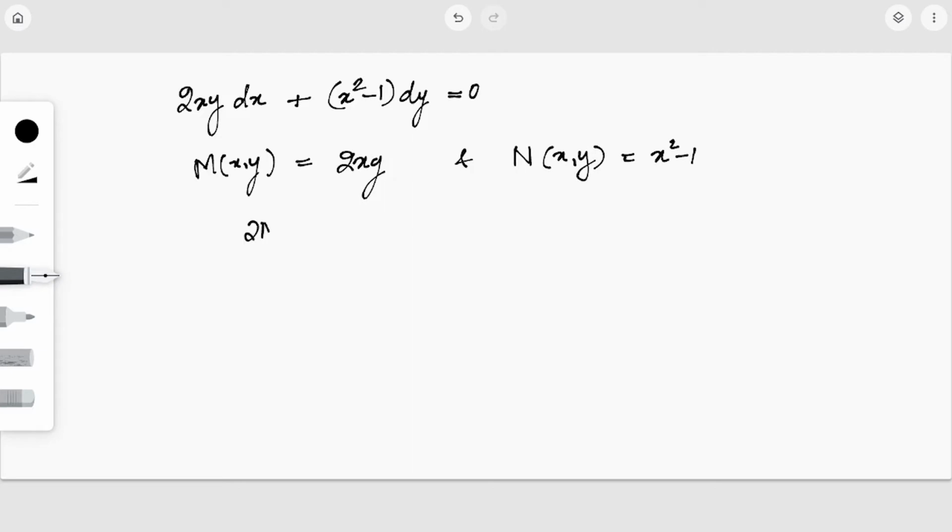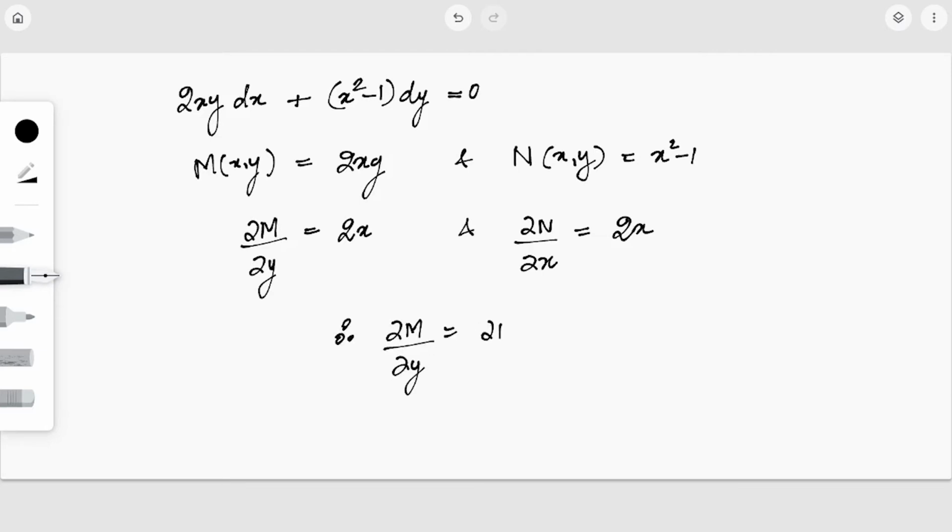So let us determine what is dou M by dou y. That is nothing but 2x. And what is dou N by dou x? That is again 2x. So both are the same. Therefore dou M by dou y is equal to dou N by dou x.